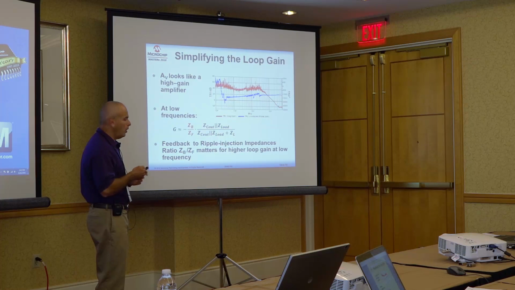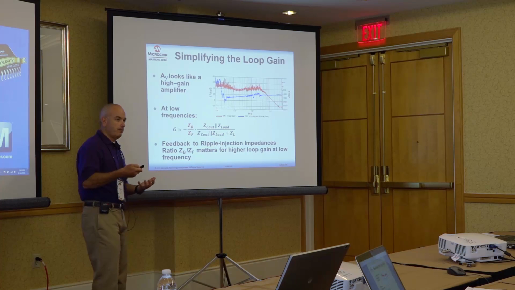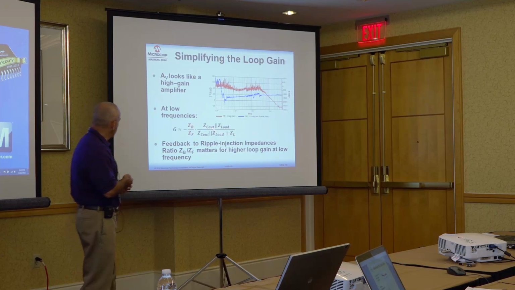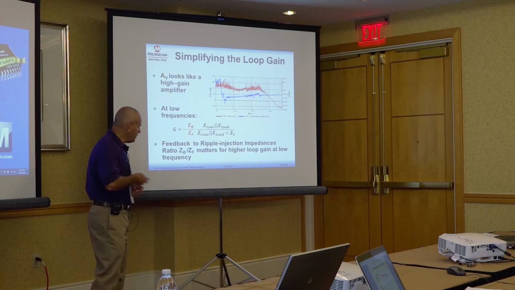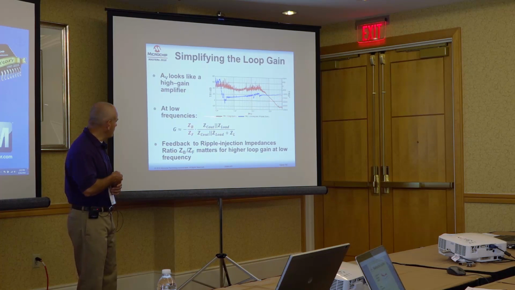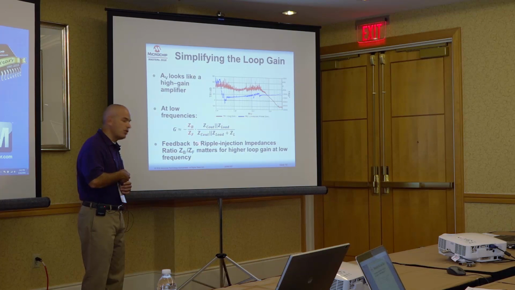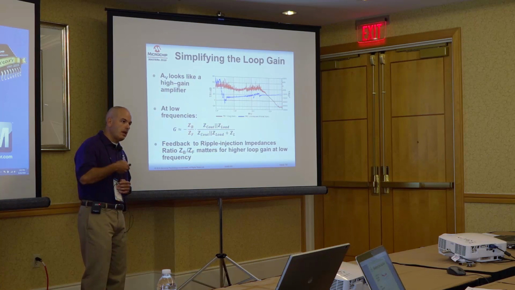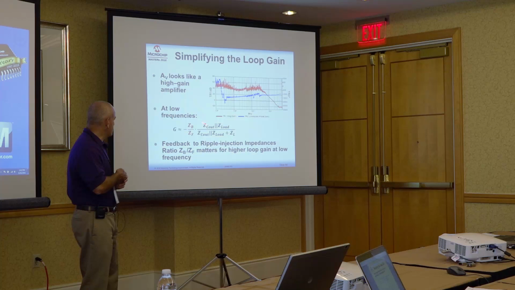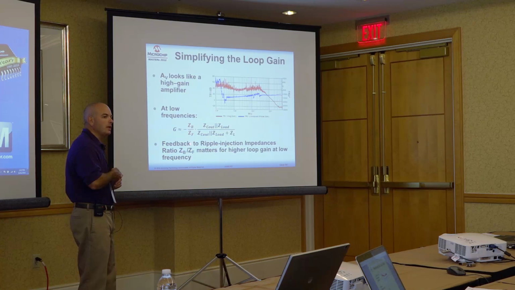So bottom line, AV is big. So the previous expression simplifies into this one, where we highlight this red ratio, and this red ratio is the ratio of the ripple injection impedance to the upper portion of the feedback impedance.